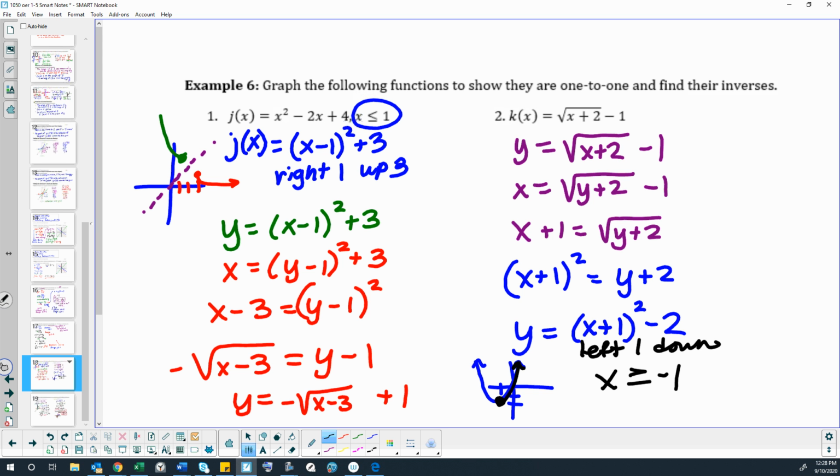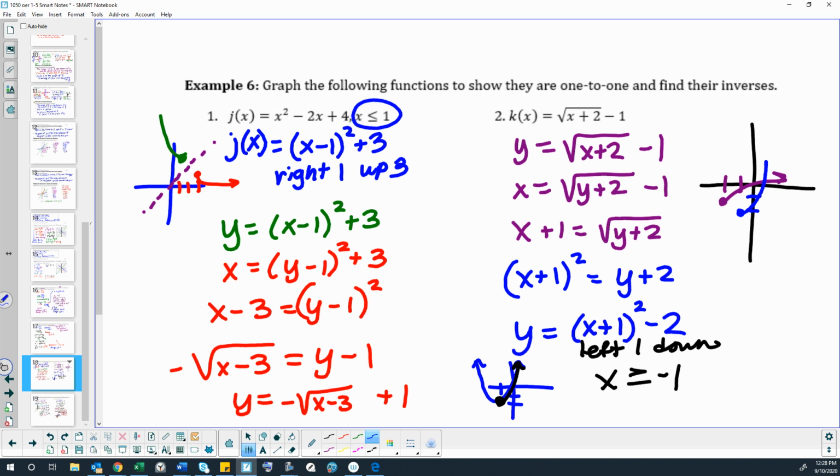Okay. Any questions? I didn't sketch that one. I guess, oh, it does say graph it. I didn't even follow the instructions correctly because it says to graph it. I did it all algebraically. It's good for you to see it. So, graphing this one would go left 2 down 1, and it's a square root function. And then this one, we said is going to go left 1 down 2.